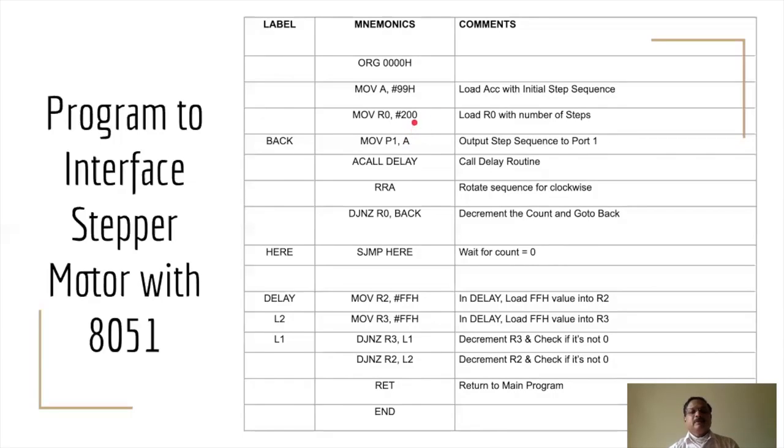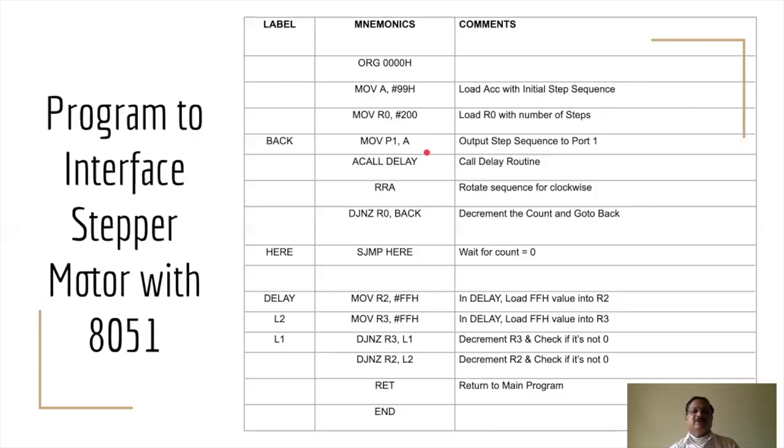If I specify H, then this will be invalid because it will be more than 8 bit, right? However, the register R0 is an 8-bit register. So don't confuse, this is a decimal number. Okay. So that's all on how to interface the stepper motor.